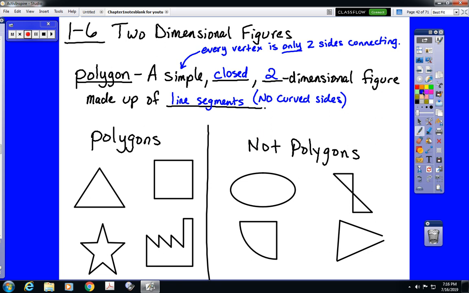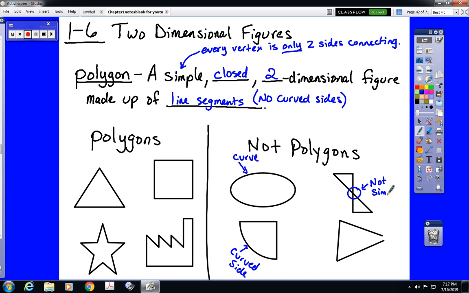So what we're going to do is label why each of these is not a polygon. First shape should be obvious. It has one side that is entirely a curve. You can't have curves. You have to have line segments only. The top right, here's an example of what I mean when I say that this is not simple.